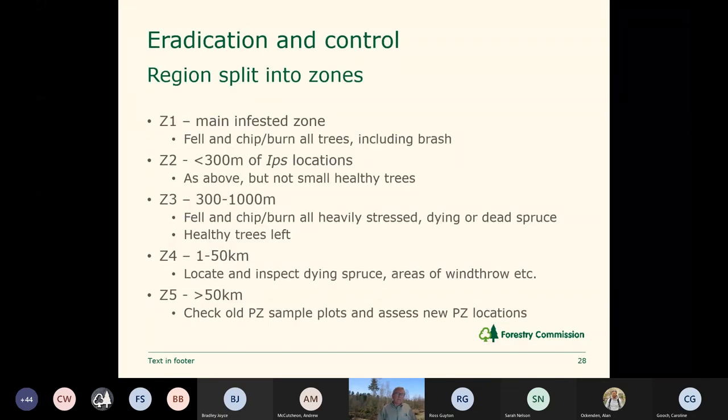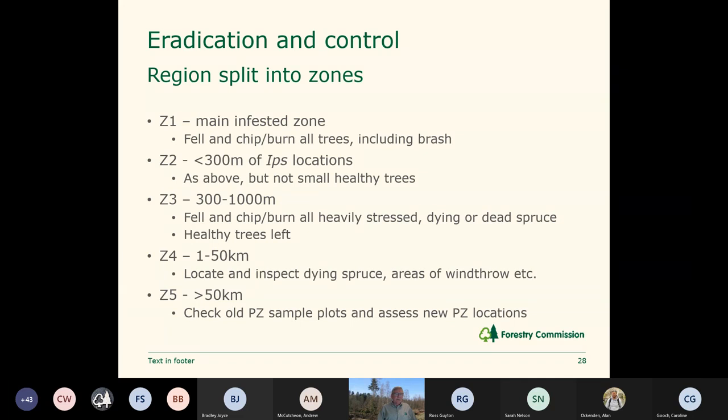At a 300-meter radius from the infestation, everything was removed except small healthy trees, spruce we're talking about, and a slightly wider survey then determined anything that was heavily stressed, dying, or decayed was also destroyed.